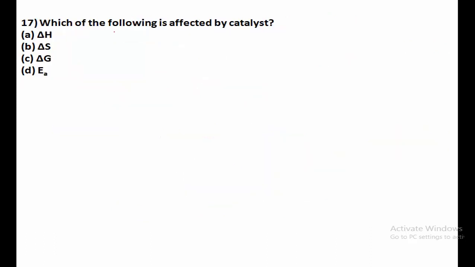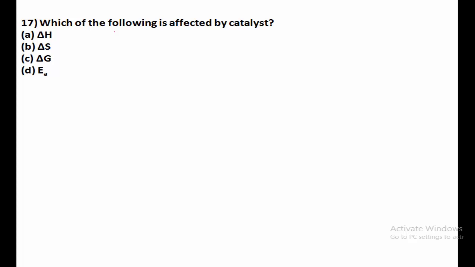Next, 17th question. Which of the following is affected by catalyst? So in surface chemistry also I have explained about the catalyst, and in chemical kinetics while explaining the synopsis, there also I have explained the catalyst, role of catalyst, how it increases the rate of reaction, it alters the reaction path, and it decreases the activation energy and hence increases the rate of reaction.